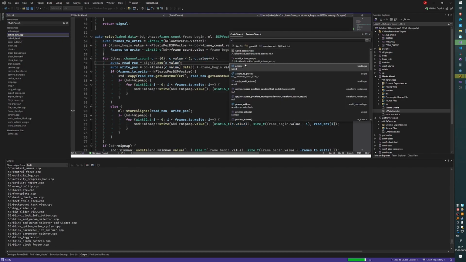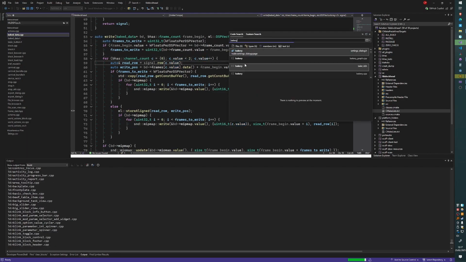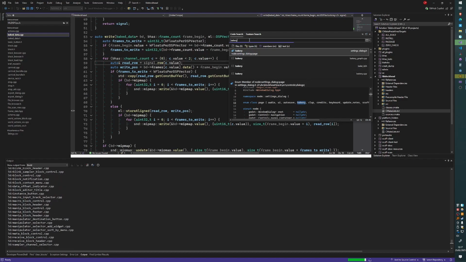Because one of the things I did refactor recently, because I had to refactor the bakery system again.